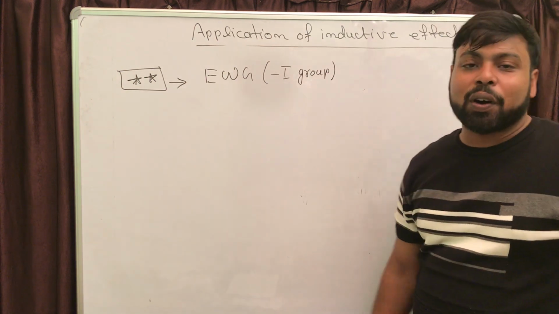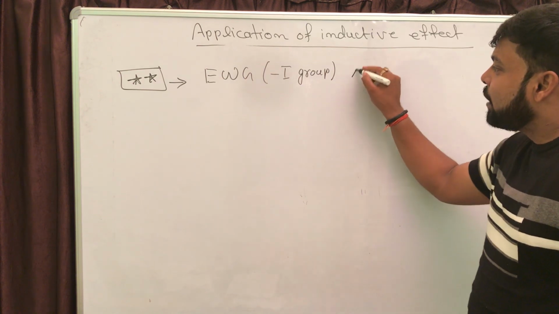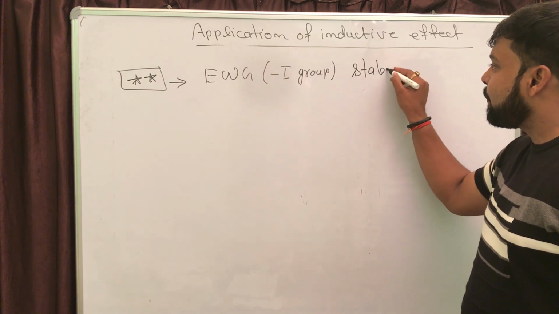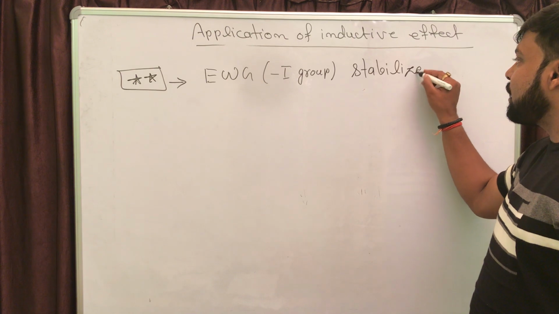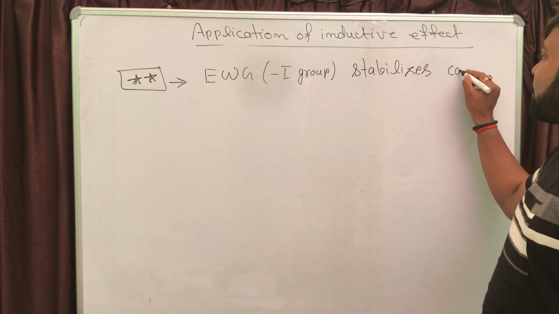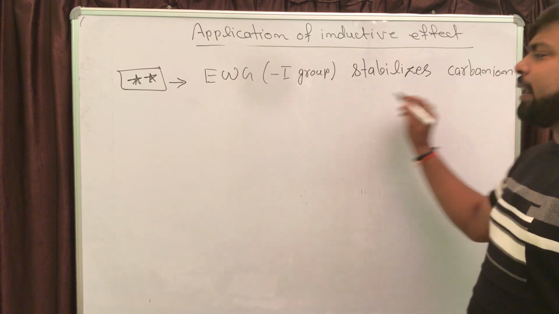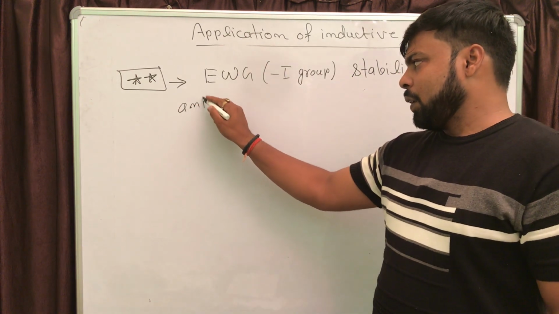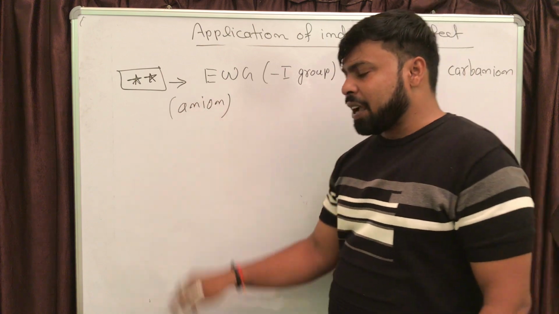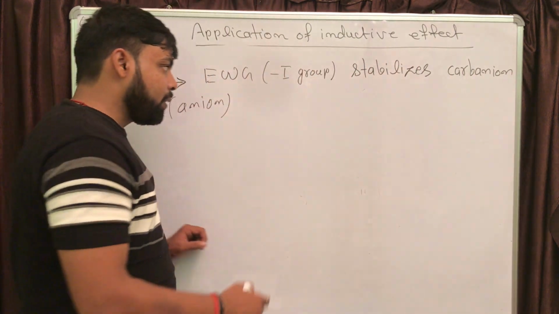Electron withdrawing group or minus I group stabilizes carbanion or any anion, carbanion or anion, right?